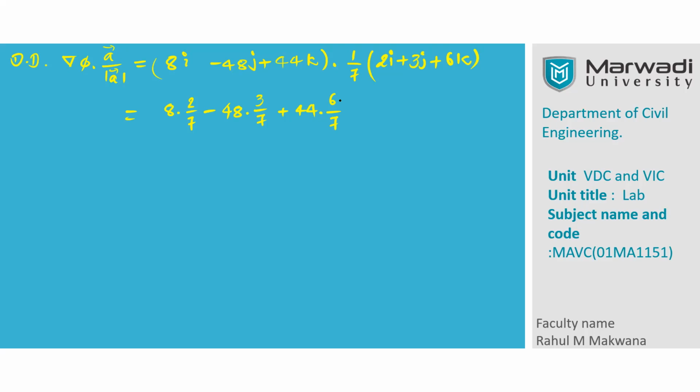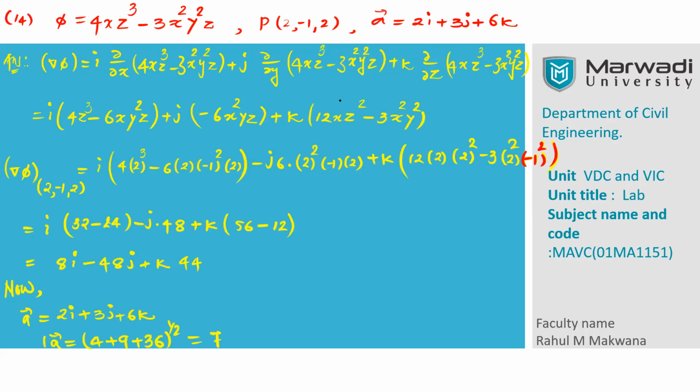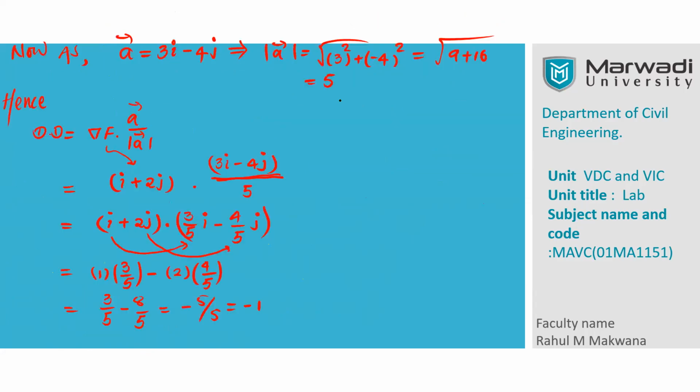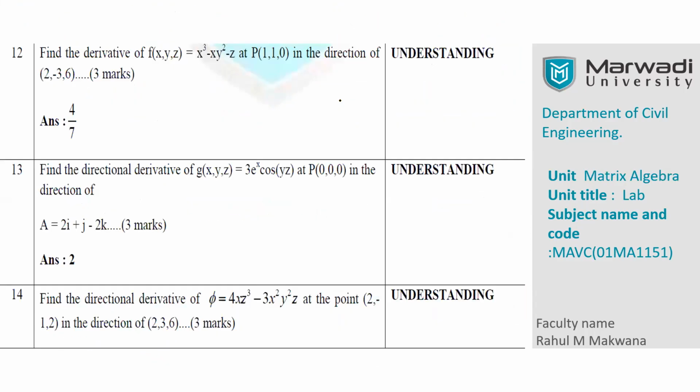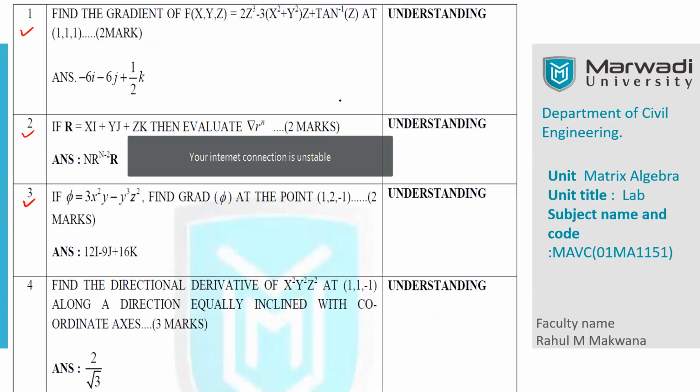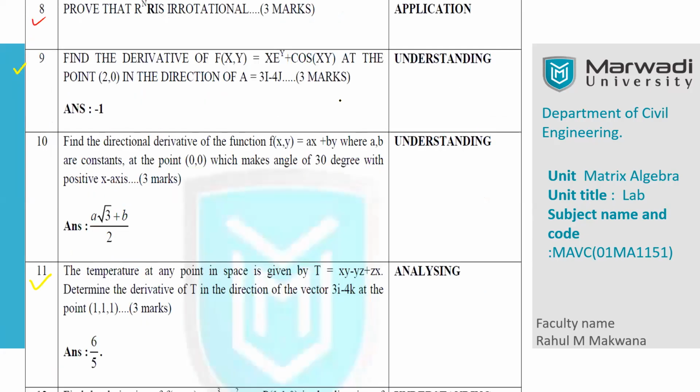Now let us see those questions which we left. I think 2 questions we left. So let us see those questions. So question number 4, equally inclined with coordinate axis, so that you can be able to solve number 10.